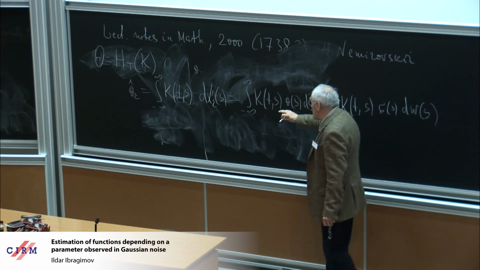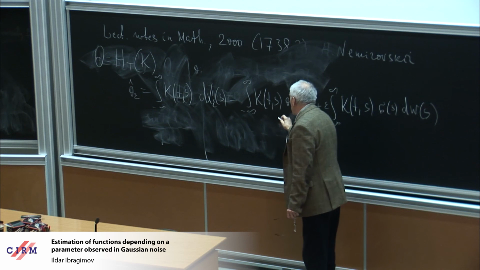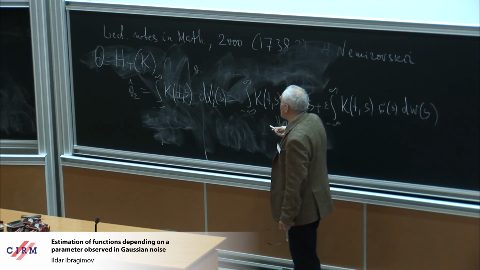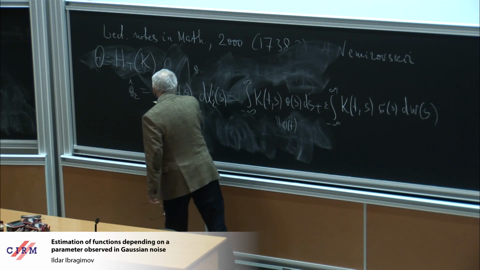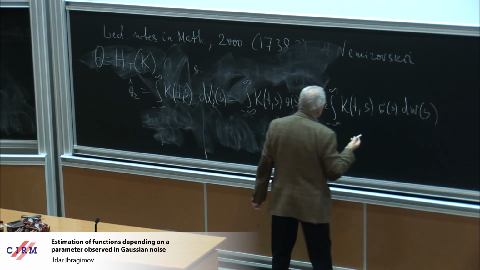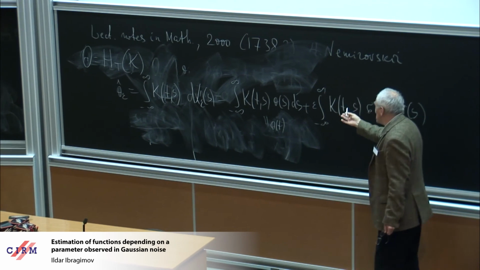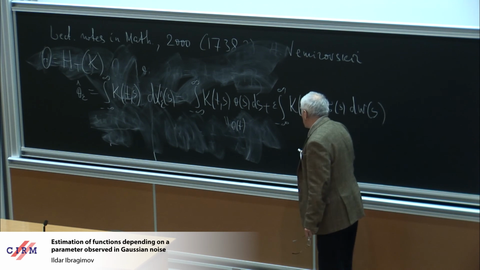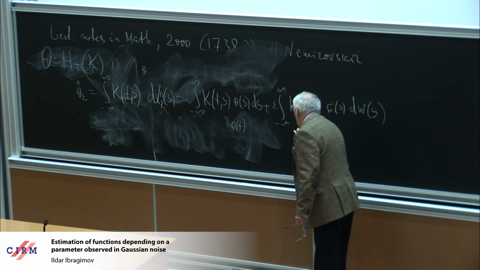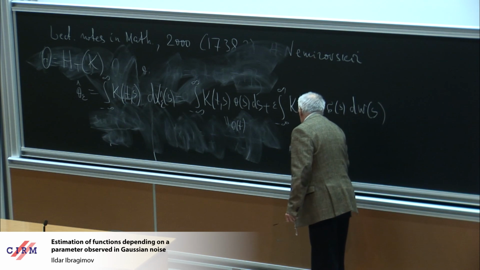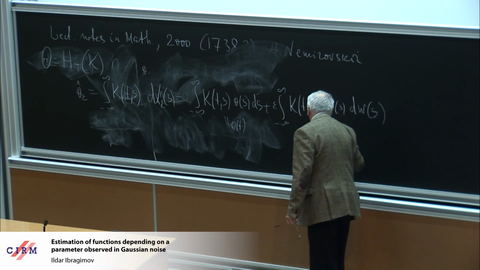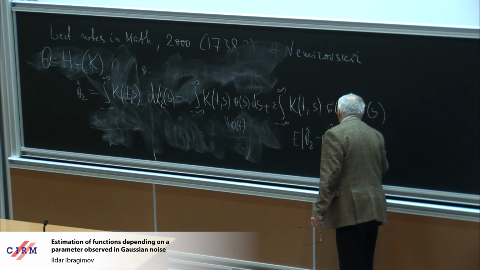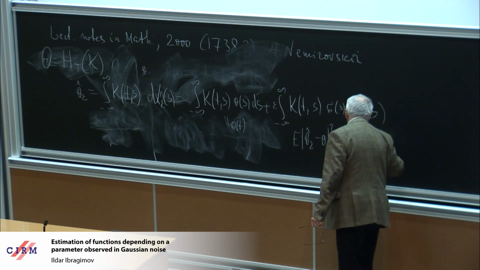But the first integral, because K is a reproducing kernel, is just theta of t. So the estimate is unbiased, and you see that because K(t,s) is bounded, the variance is of order epsilon squared t.